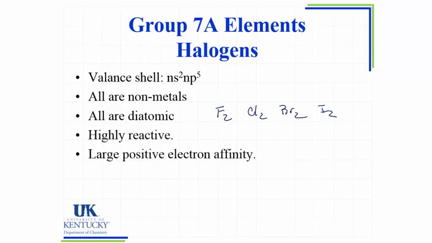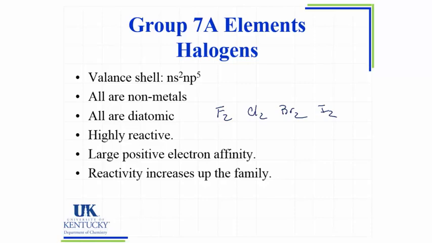So the high reactivity plays off the fact that they have a large positive electron affinity. They would like that electron so much that it will provide energy, an export of energy that can be used for something else. Now that reactivity increases as you go up the family, and so fluorine is the highest reactivity of all the elements.